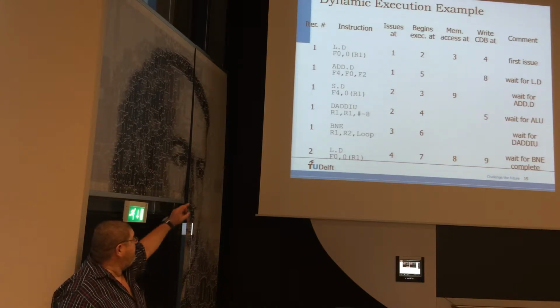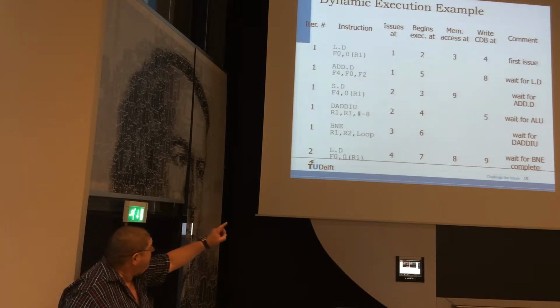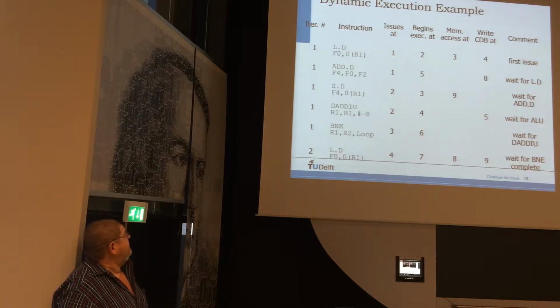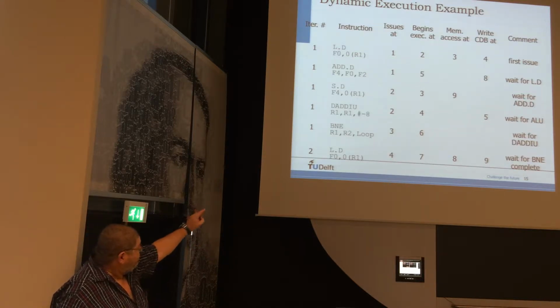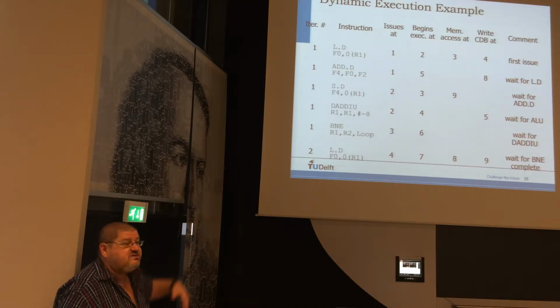Now, when I look for the adder, this is an integer add. I'm starting issue at cycle 2, but I have to wait for the ALU to finish the calculation of the memory address, and then I can start this at cycle 4, and so forth and so on.